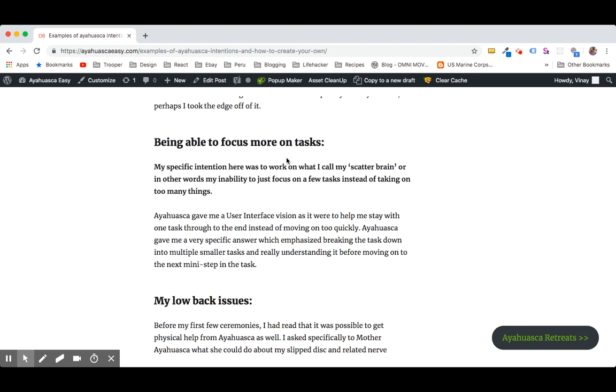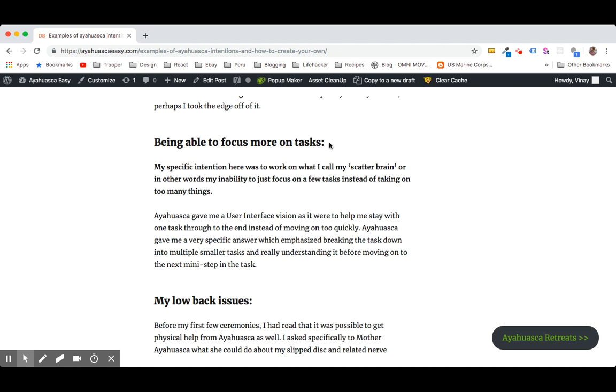The other one was being able to focus more on tasks. I felt a little bit scatterbrained, as I call it. Sometimes I would want to stop doing one thing because I got enamored with another project or task, and I wouldn't finish the first one, so I needed some help.